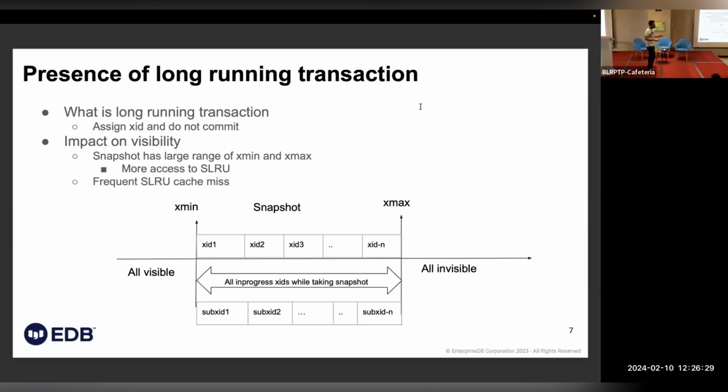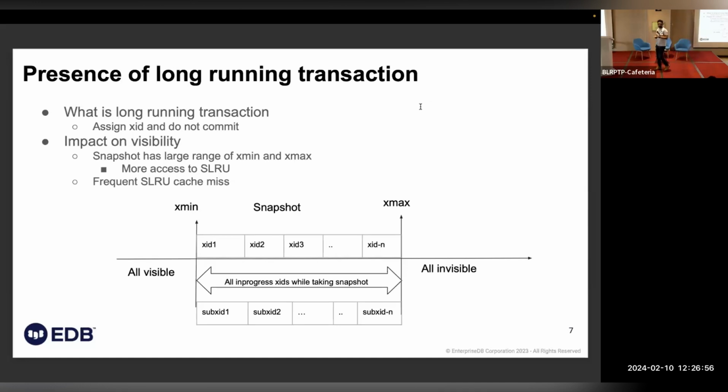It means the tuples inserted or updated in that big range all become victims of this incomplete snapshot. All these XIDs need to be looked up on the disk to get the parent mapping. So the more transactions you need to look up in that SLRU, the bigger the problem becomes.